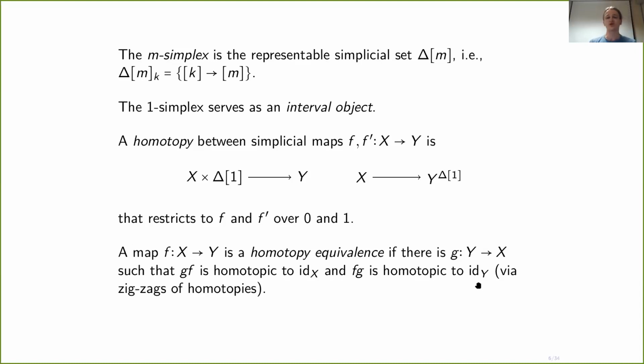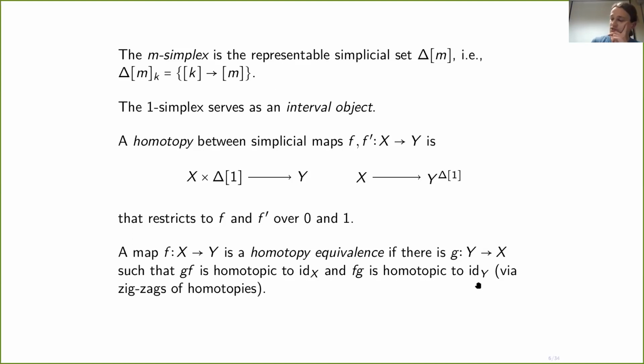So the relation of being connected by a homotopy is in general not an equivalence relation. So if I want to make this a reasonable notion, I would say that there might be a bunch of intermediate maps between the composite GF and identity of X that are connected by a sequence of homotopies possibly going in various directions.